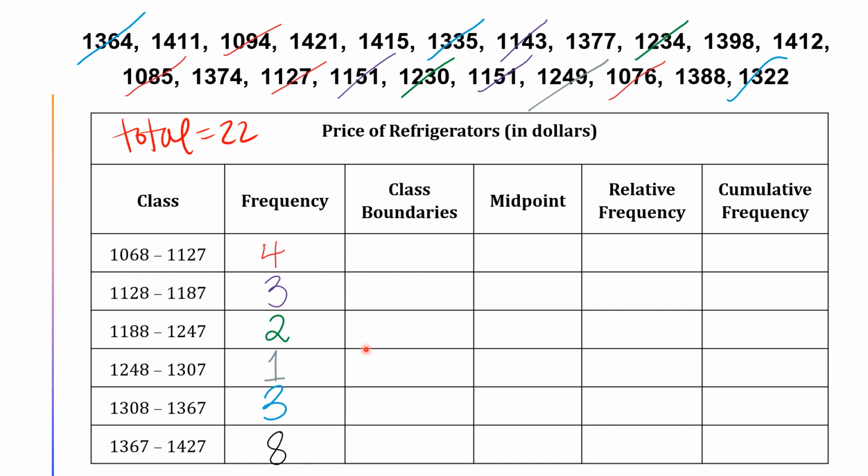All right, so let's do that really quickly. Just grabbing my calculator. If you want to grab yours and start adding those together, 4 plus 3 plus 2 plus 1 plus 3 plus 8. That adds to 21. Did we miss one?